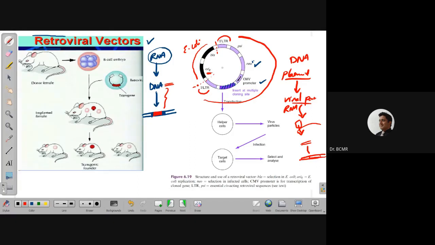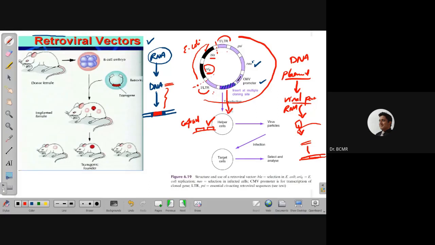For that to occur, we have BLA, that is beta lactamase, for selection in E. coli. This is the origin of replication in E. coli. And then we have the LTR. In the whole retrovirus, this is a vector already, which means a lot of the viral genes are already deleted. So we take helper cells, which would have all the genes required to make the capsid and other things.